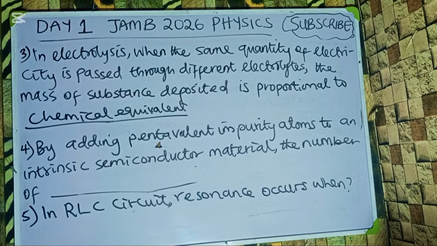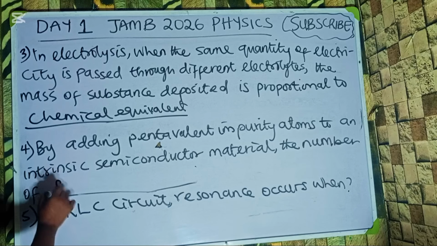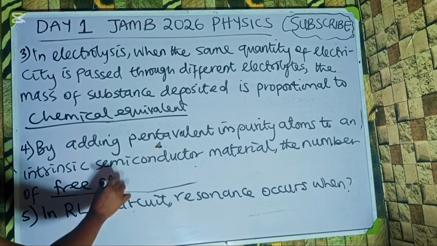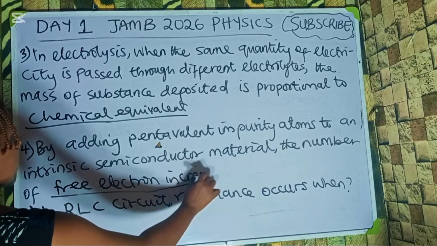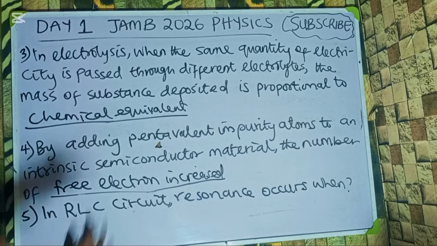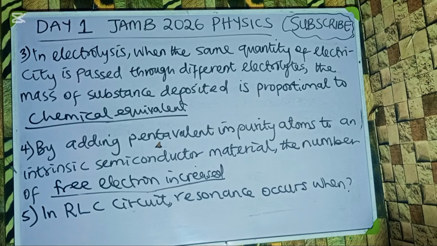By adding pentavalent impurity atoms to an intrinsic semiconductor material, what happens to the number of electrons? The number of free electrons increased, because we have an excess number of free electrons since they are pentavalent impurities.